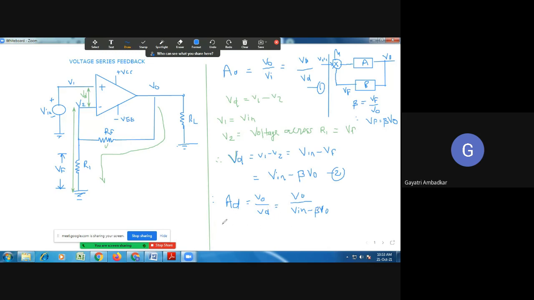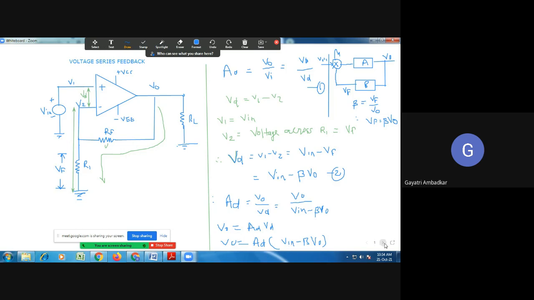Now I will rewrite this equation. Vo is equal to AdVd, that is equal to AD into Vd, which is Vin minus beta times Vo, from the same equation I have written.